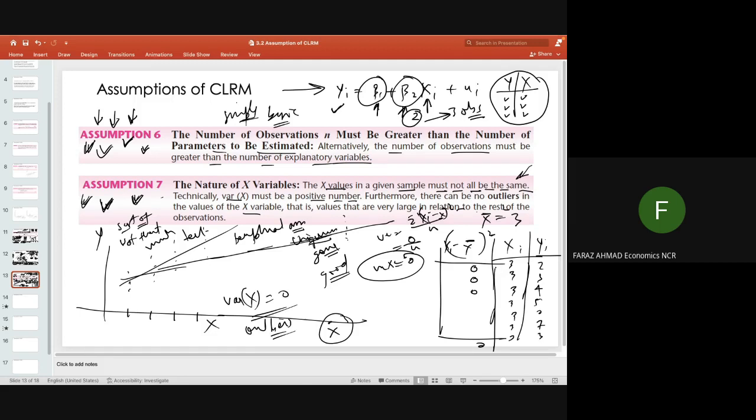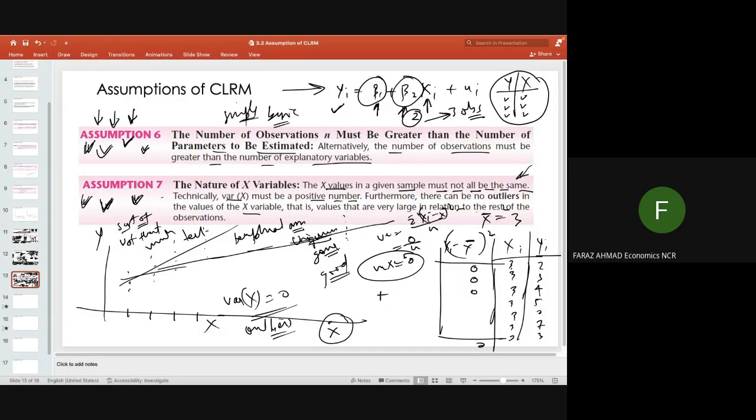In other words, we don't want our x to be the same number all the time. We want some variation in x so that variance is positive. If there is any sort of variation in x, for example, 3, 2, 3, 3, 3, 3, 2, there are two twos here, suppose, then variance will turn out to be a positive number, right? That's what it is written here. Variance of x must be a positive number.